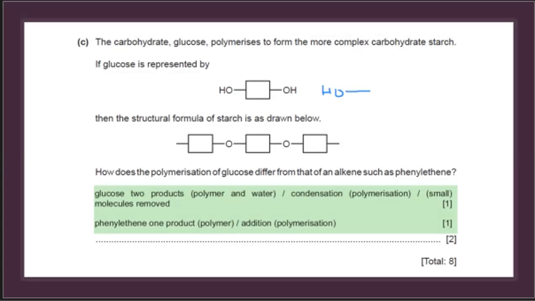So if I were to put 2 of these structures next to each other, water is going to be removed. So this type of reaction is a condensation reaction because water is being removed in this one. So I'll have 2 products, the polymer that is produced as well as a side product, which is water. So this here is condensation polymerization, while with phenylethene, it's addition polymerization.